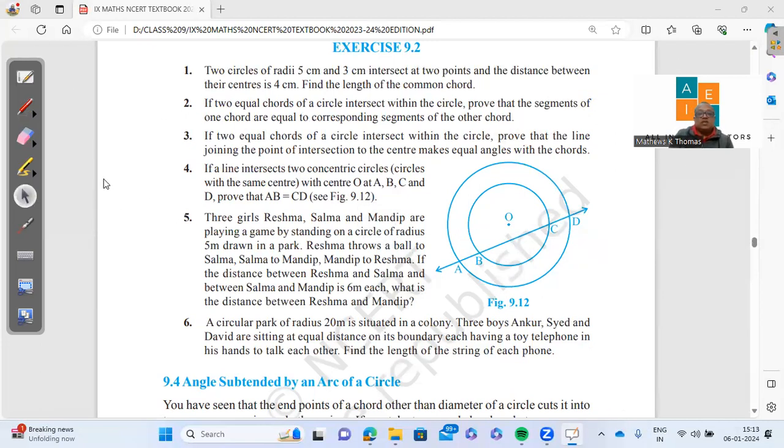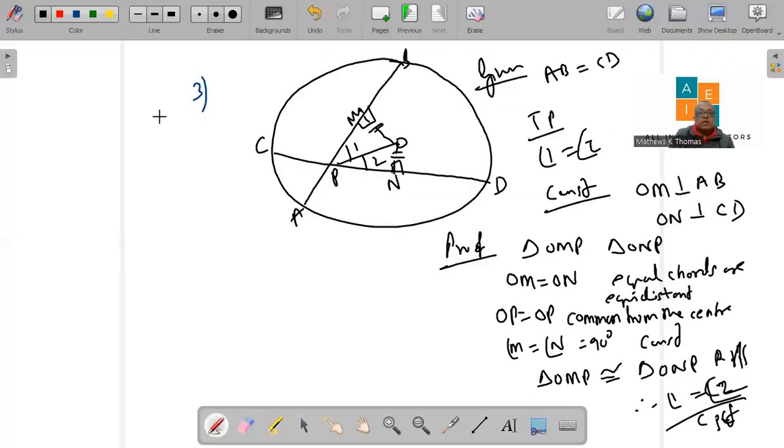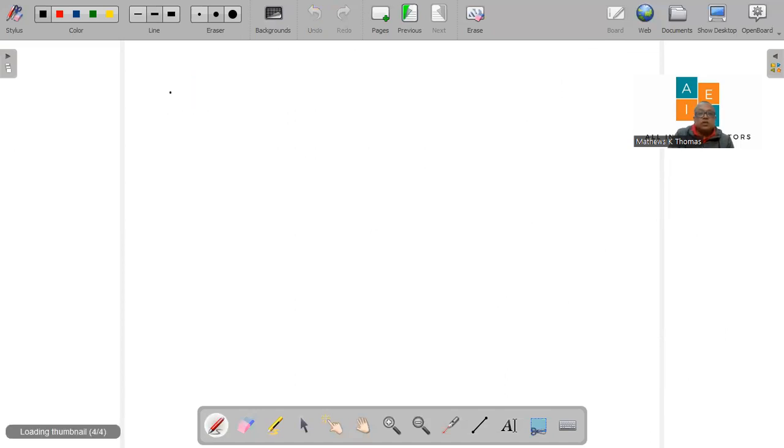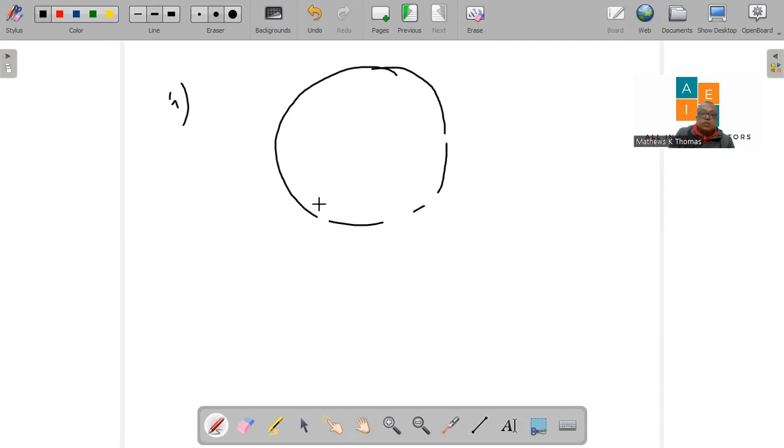The first part saying that there are 3 girls on a circle of radius 5. Okay, so let's draw this figure. Reshma, Salma, Mandeep. So let us represent them by R, S, and M. And the radius of this circle is given to us as 5. Distance between Reshma and Salma is 6.